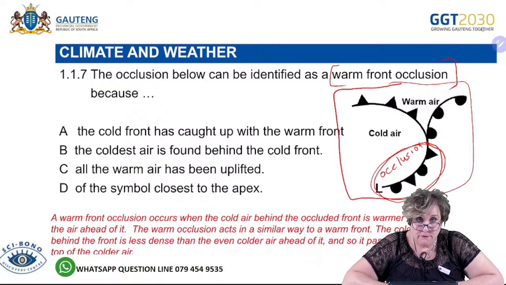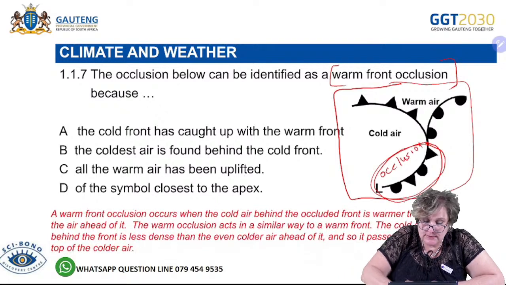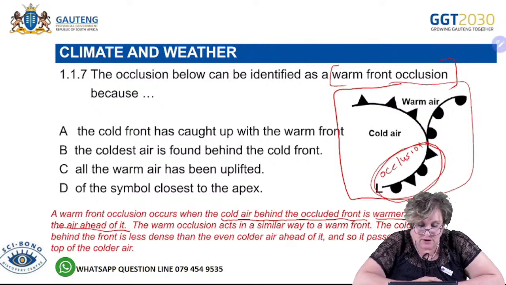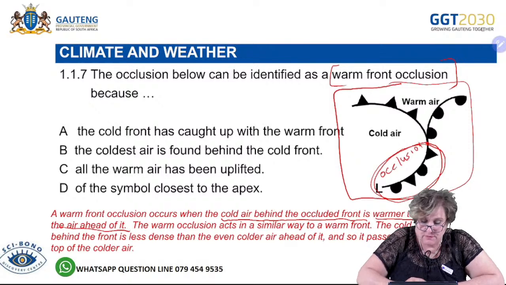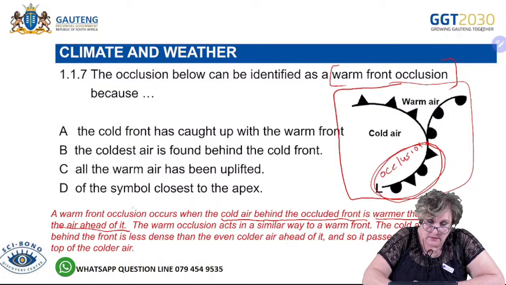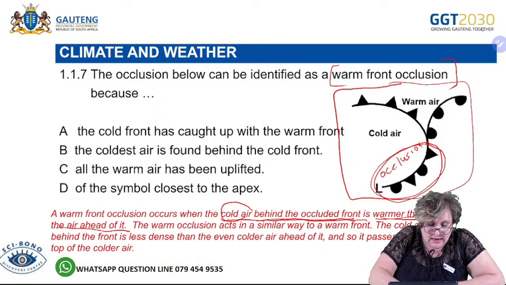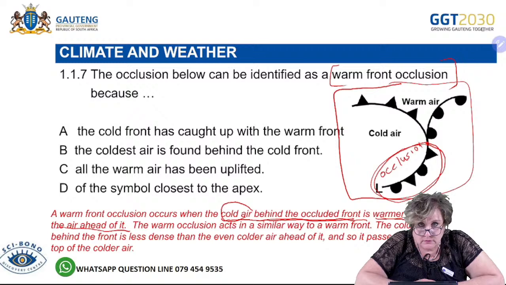A warm front occlusion occurs when the cold air behind the occluded front is warmer than the air ahead of it. Listen carefully. A warm front occlusion occurs when the cold air behind the occluded front is warmer than the air ahead of it.